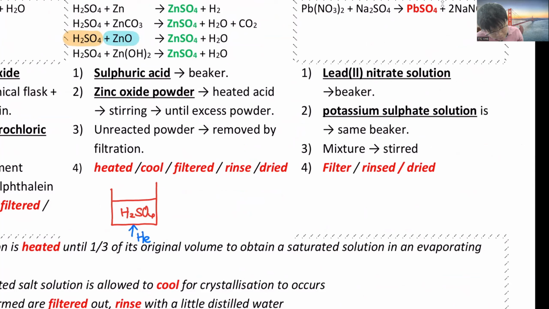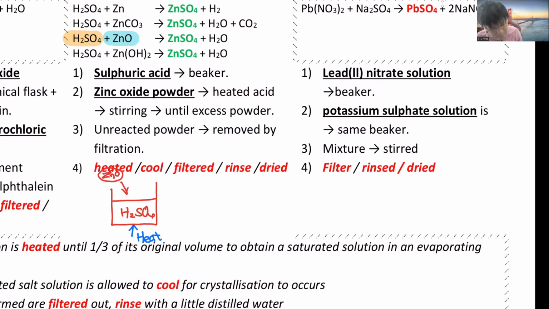The reason you heat the acid is like putting milk powder into cold water: when you stir, it's very hard to dissolve. But if you heat the water until slightly warm, the milk powder dissolves more easily. So for the zinc oxide powder to dissolve more easily, you add it into the heated acid.